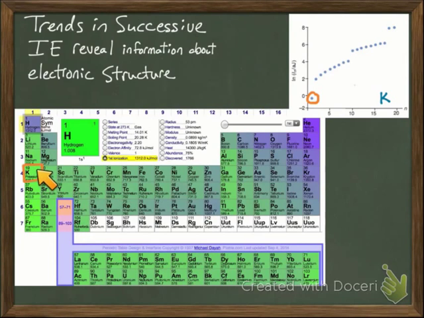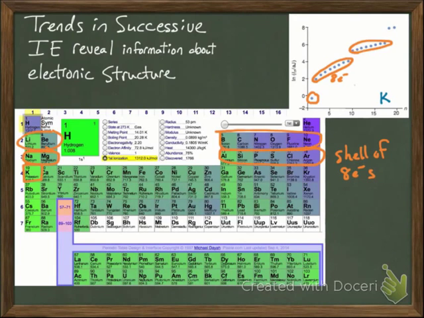Now as I remove more electrons, it indicates they're higher in energy, which means that they may be in a shell where on average the electrons are closer to the nucleus and therefore harder to remove. And so I'm going to associate that inner shell with the next step up in my periodic table. Those 8 electrons correspond to the 8 steps across the periodic table going from sodium across to argon.